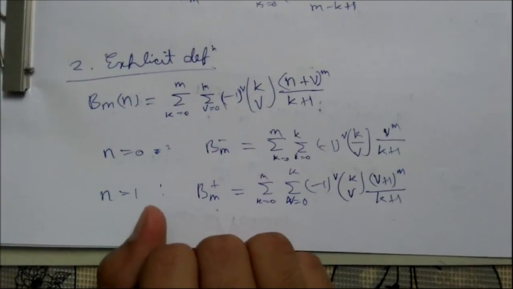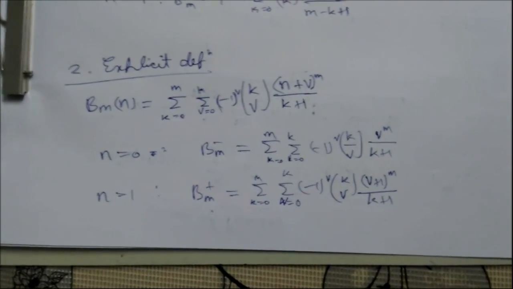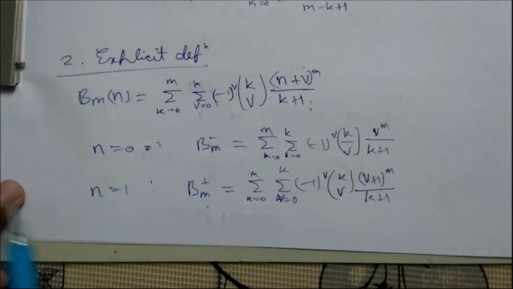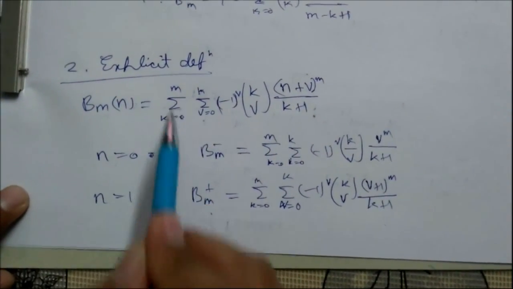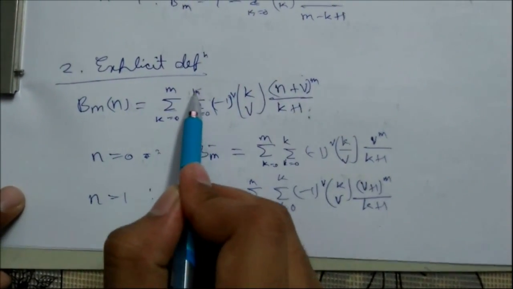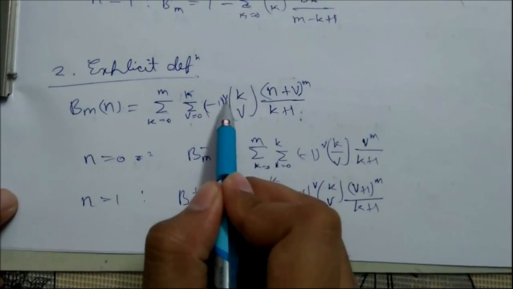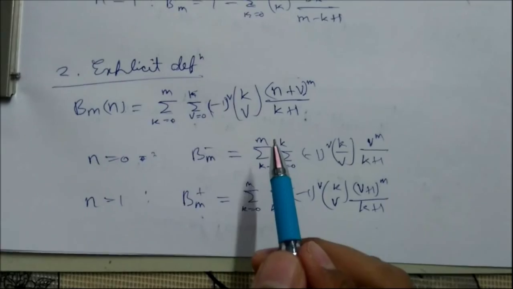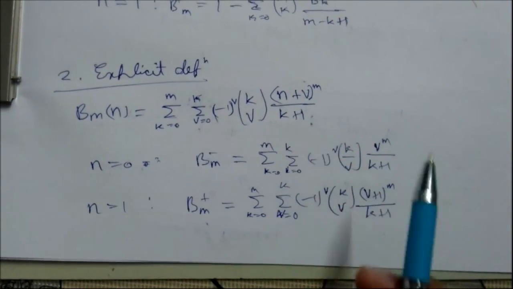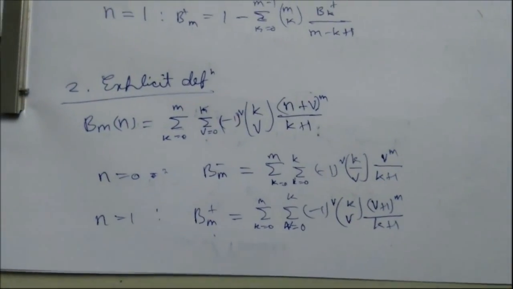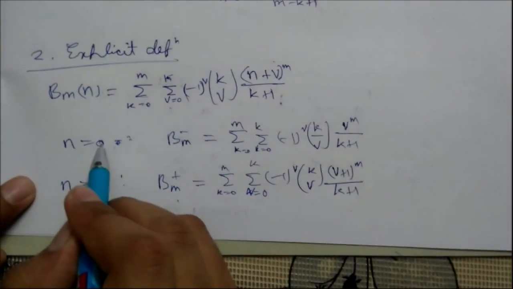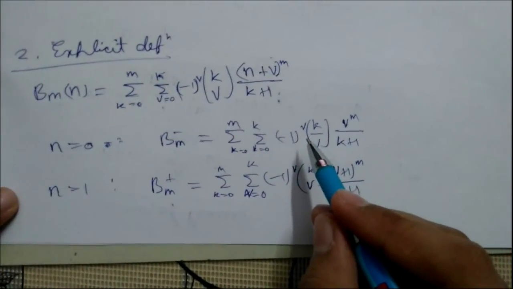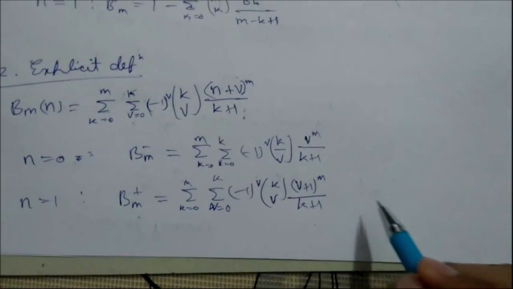Okay, so now we will discuss the explicit definition of Bernoulli numbers. As you can see, Bm of n can be defined as sigma m, then sigma k, and the alternating sign of minus 1, k comma n, and l plus v whole raised to m by k plus 1. Then again the same paradigm follows for the first and the second term, and the alternating signs are taken care of over here.